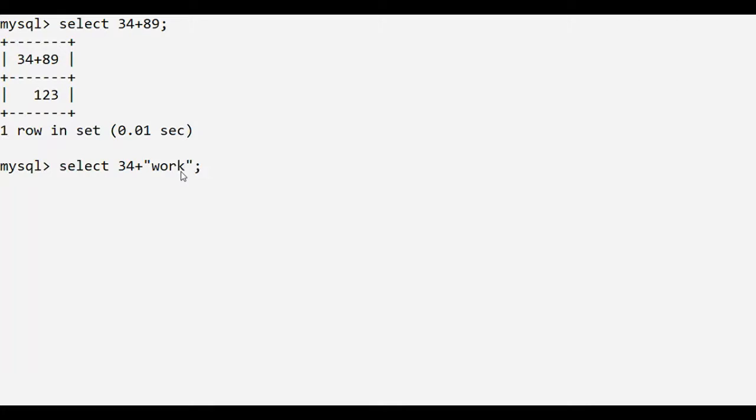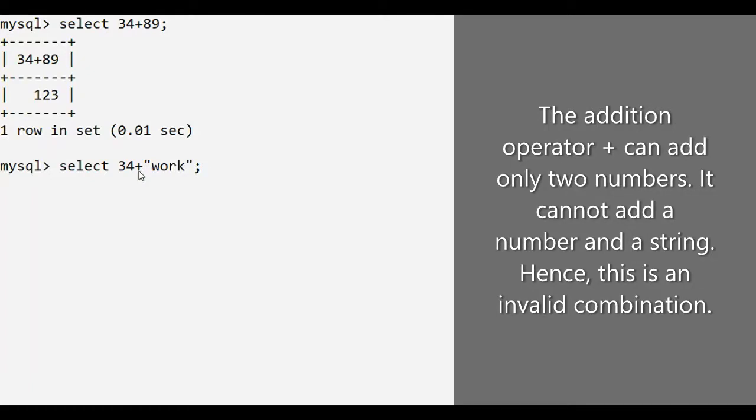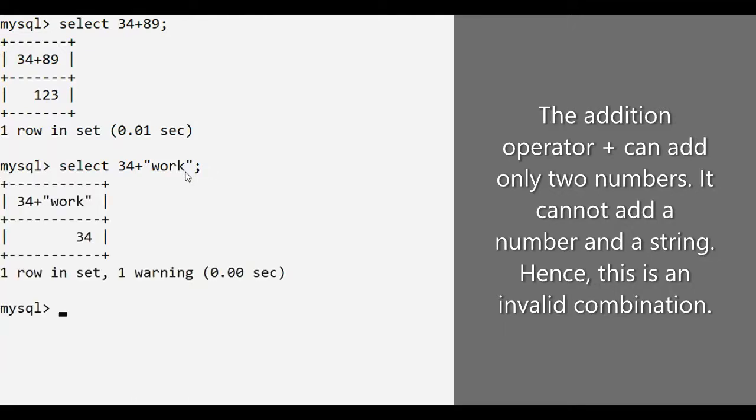This expression does not contain a valid combination because the plus operator represents addition and it can add two numeric values. In this expression, the operator plus takes two values. The first value is a number 34 and the second value is a string, that means a text value. So this is an invalid combination, though MySQL does not report any error, but this expression is invalid.